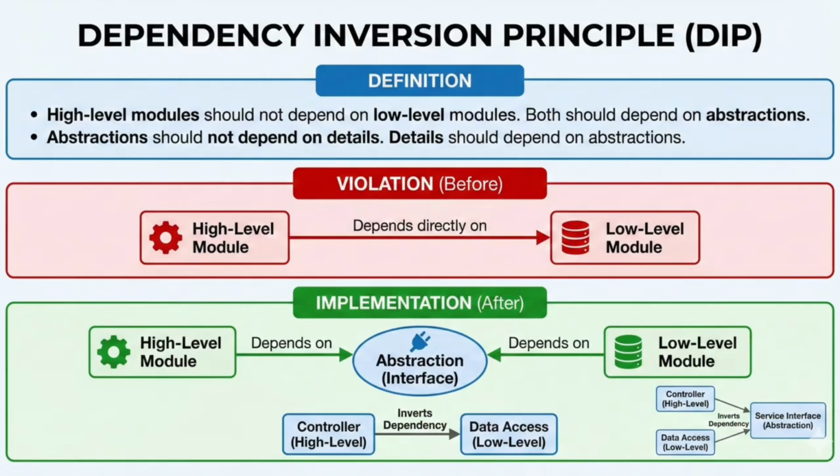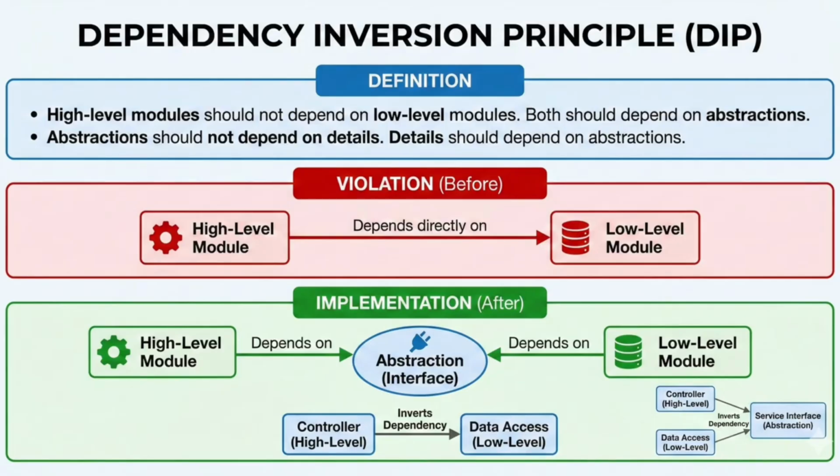Dependency inversion is a principle that helps us break tight coupling between software modules. In simple words, it helps us design software where high-level modules do not directly depend on low-level modules. Instead, both of them depend on abstractions like interfaces or abstract classes.